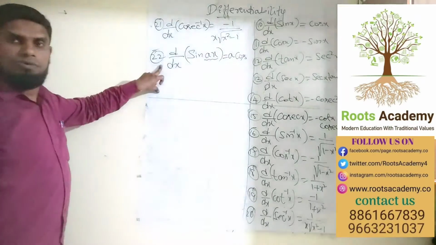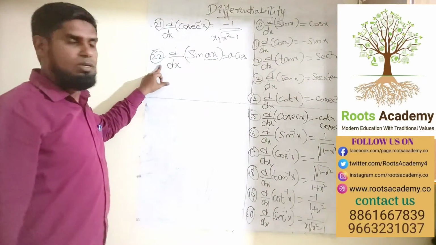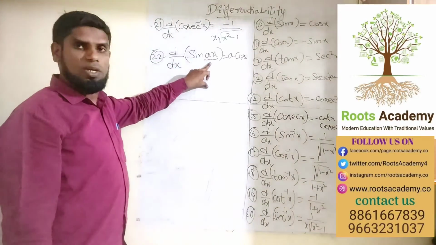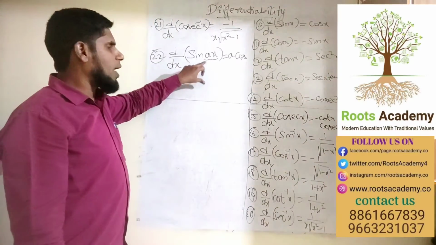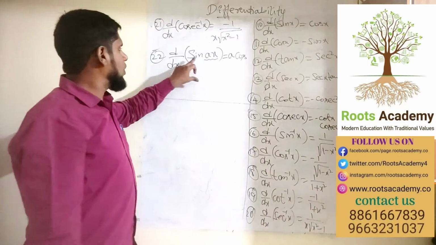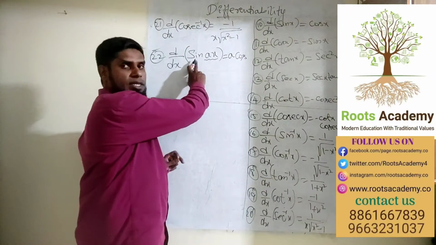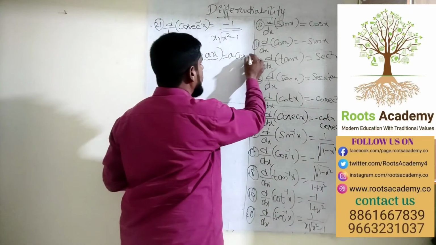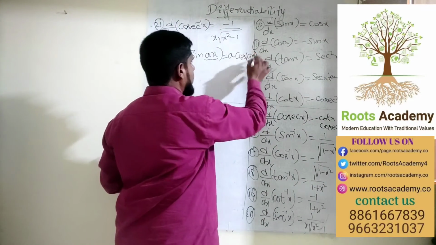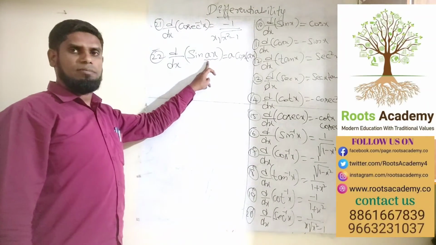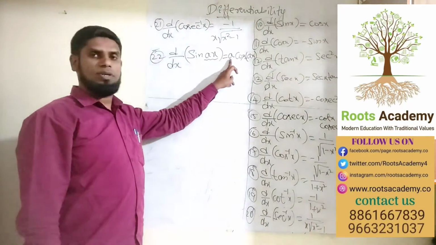So students, from here we should be careful. Whatever the angle exists to the function, same angle will come to its derivative also. So derivative of sine is cos, but angle remains same, ax. Before that, we will multiply the multiple angle to its derivative.